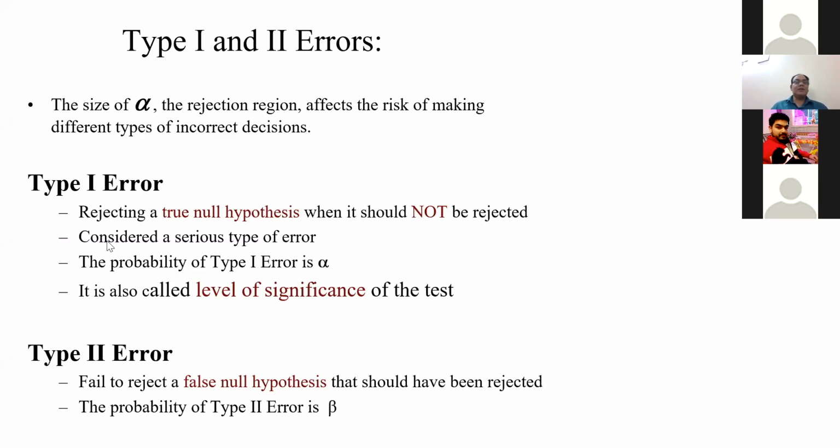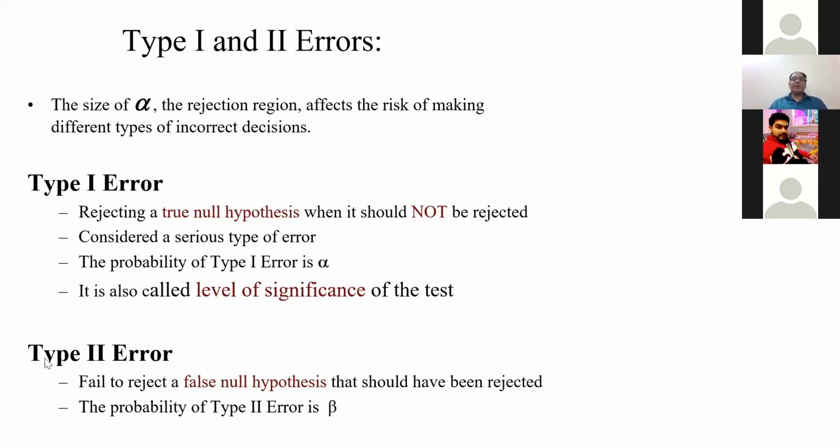It is a serious type of error, and the probability of type 1 error is called alpha, and alpha in statistics is also known as level of significance, right? So whenever you write a thesis, you have to report the level of significance of your study. Mostly it is 5%.